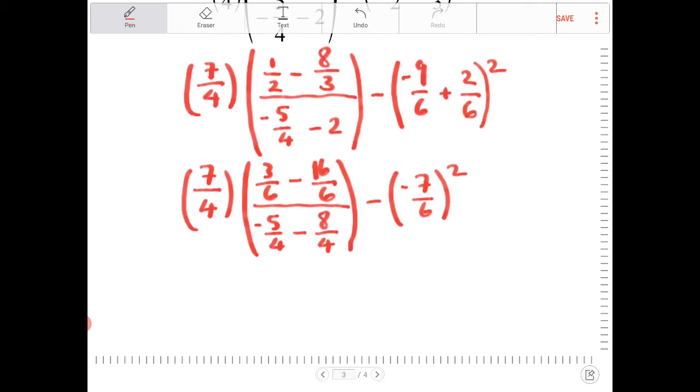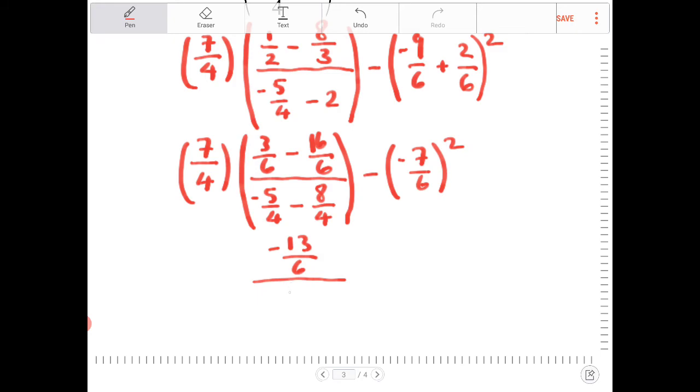Anyway, so now I'm going to simplify the numerator and simplify the denominator. So 3/6 minus 16/6, that's really 13/6, but it's negative, divided by negative 13/4.